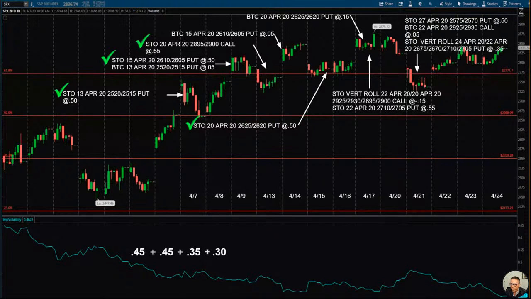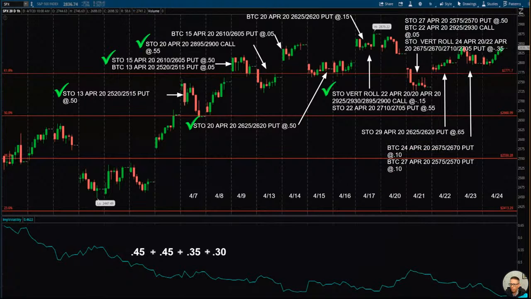And that netted me 30 cents, and then closed out that roll that I did. Then I put on another put spread for 65 cents and closed out the other two trades, and that netted me 40 cents.